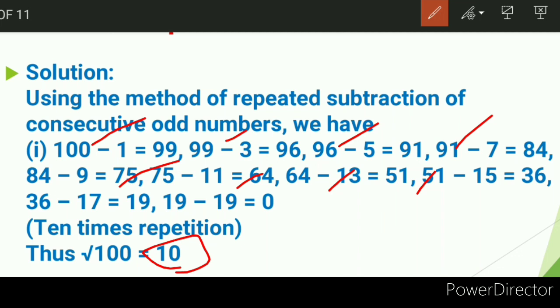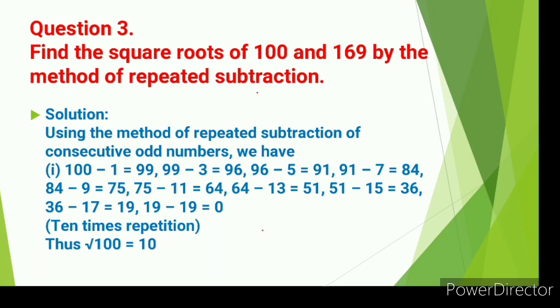That is the square root of the given square number. Got it, children? Yes, you try for 169. For 169 also you should start from 1. Next, from that answer you subtract 3. Next 5, 7, 9, and so on. Got it? Yes, copy down.